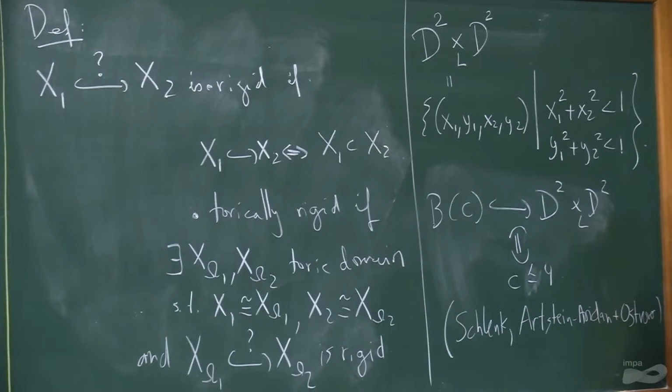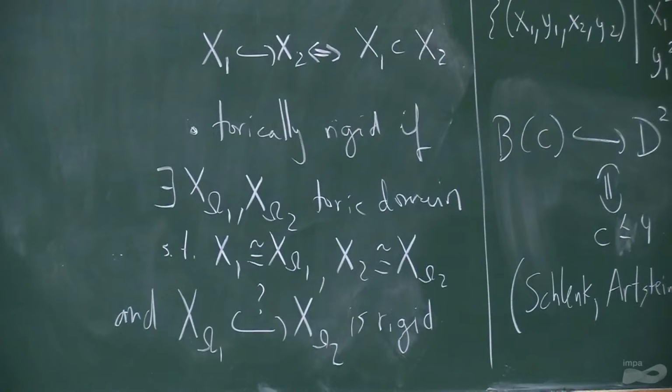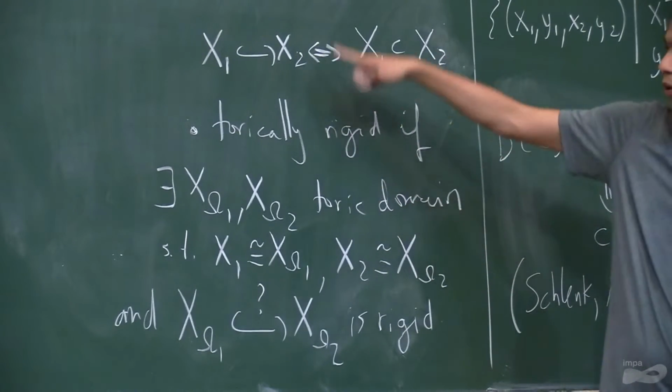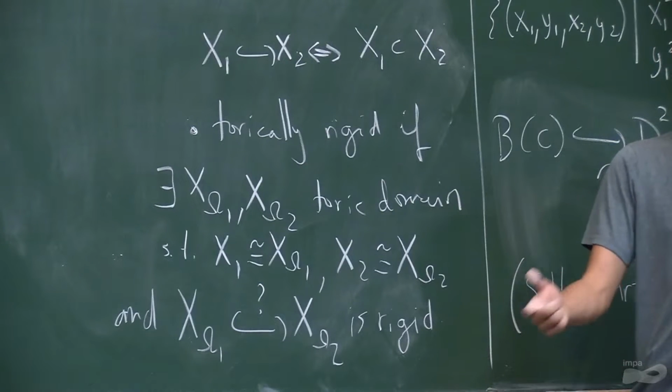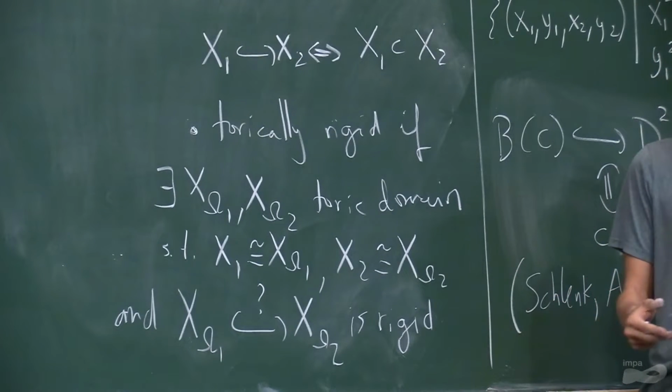Okay? So according to this definition, the problem of embedding a ball into a bidisk is torically rigid, but not rigid. Okay? All the examples I'll talk about, torically rigid is stronger than rigid, but it's not necessarily stronger. It's just a different concept.